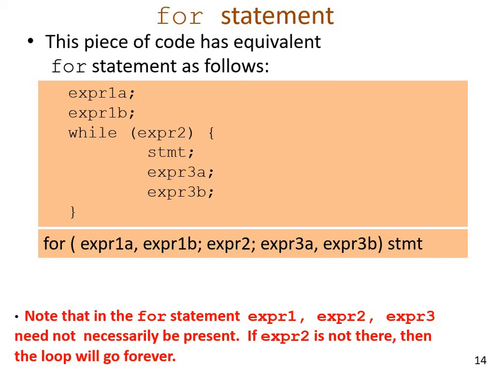The same is depicted in the for loop: expression 1a, comma, expression 1b are the initialization. Then it is separated by a semicolon from expression 2, which is nothing but the condition. After expression 2 it is closed with a semicolon, and then you have either increment or decrement, that is expression 3a and expression 3b. After that you have the statements in the for loop.